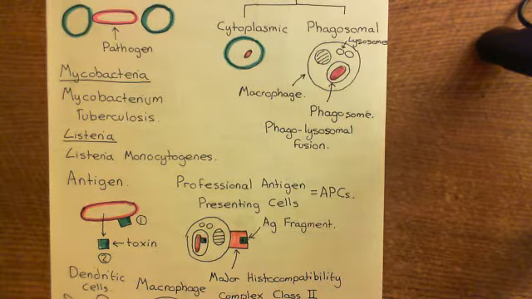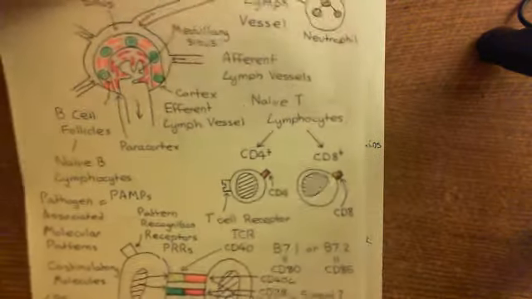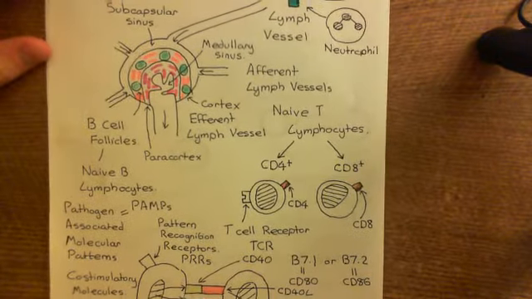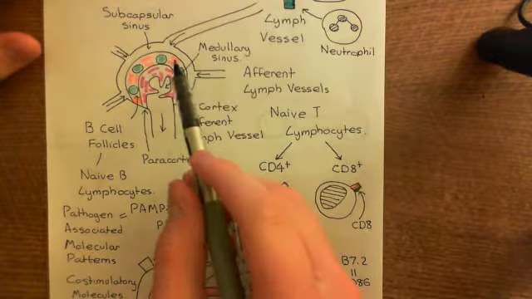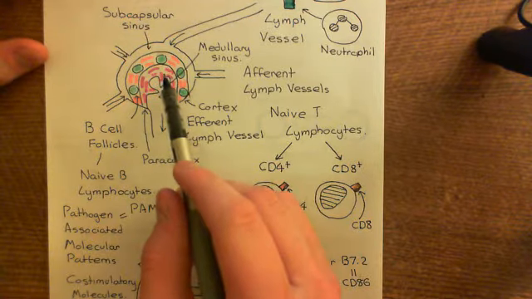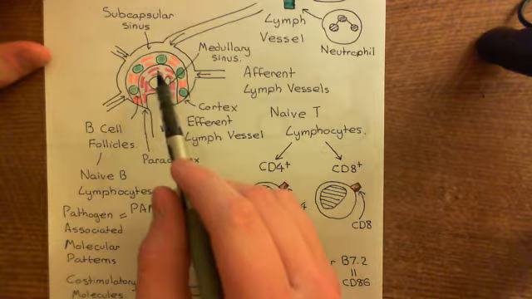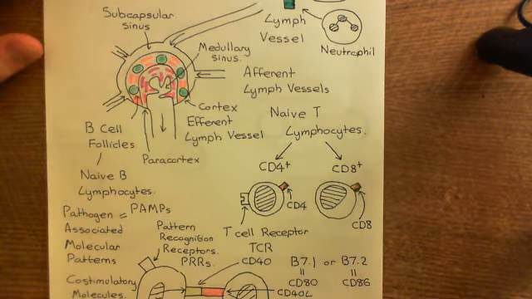So this professional antigen-presenting cell will migrate to the lymph node, going in the lymph vessels up to a lymph node, and again it's going to search for a CD4 positive naive T cell which has on its surface a T cell receptor which is complementary for the antigen fragment that it is presenting.